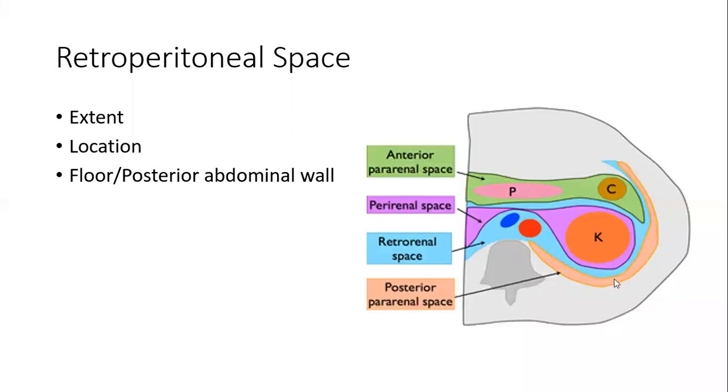This space lies posteriorly over the posterior abdominal wall, which forms the floor for the retroperitoneal space.